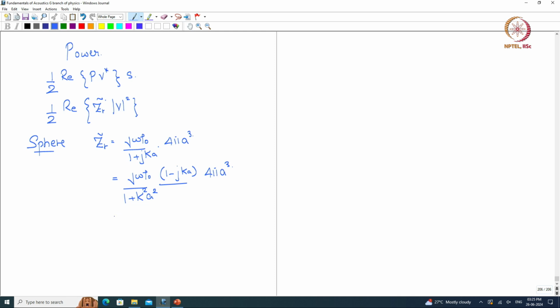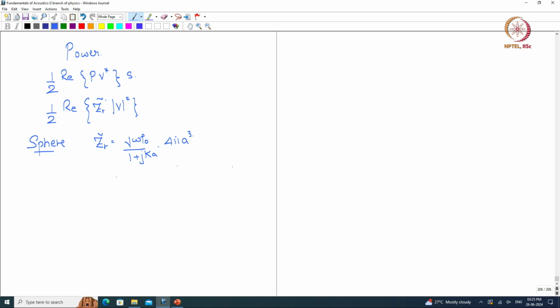So this happens to be j omega rho 0 4 pi a cube, we just do it here.